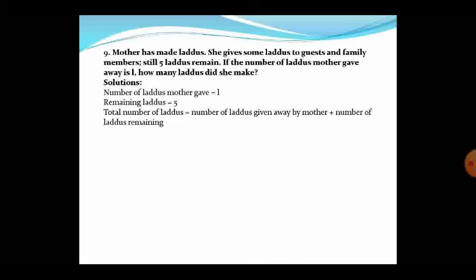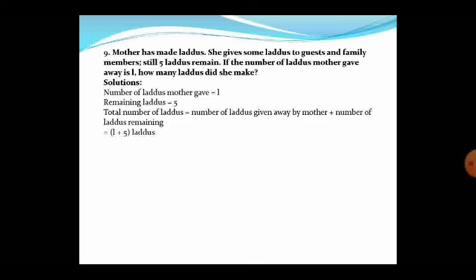She gave L number of laddus, children. And 5 laddus are remaining. You have to find the total. Total means always it is adding, plus. So L plus 5 laddus.